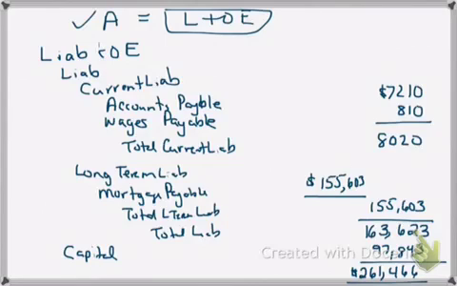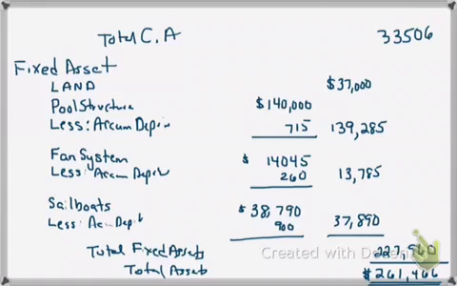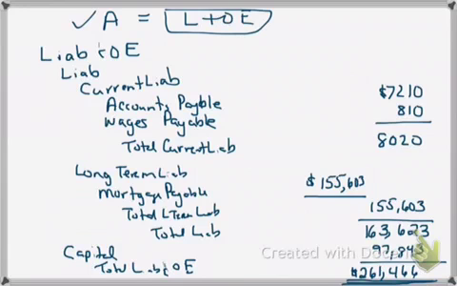Again, I need to double underline that because that is the total liabilities and owner's equity. That $261,466 is going to equal the assets, and my assets do equal my liabilities plus owner's equity.